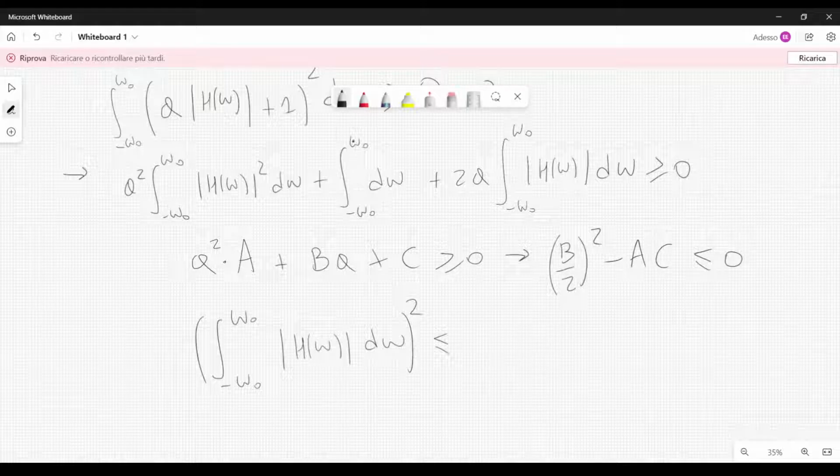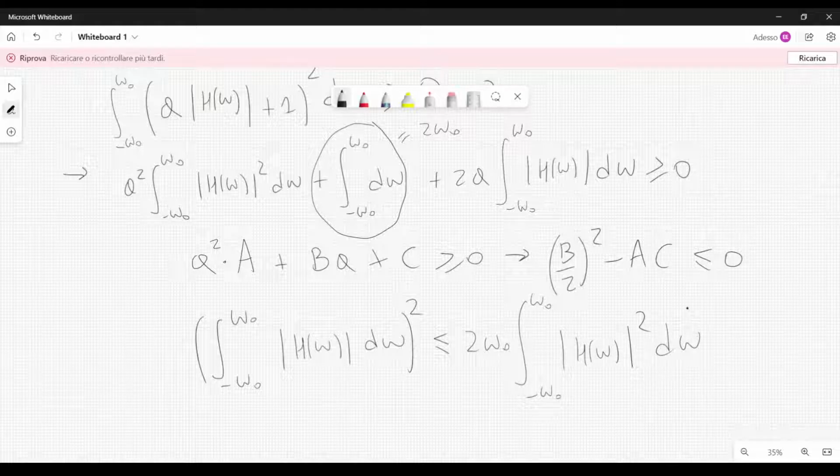What is A? A is simply this integral here. And what is C? C is this integral here, but this integral here just gives us 2 omega naught. So we have 2 omega naught times the integral from minus omega naught to omega naught of mod of h of omega squared d omega.